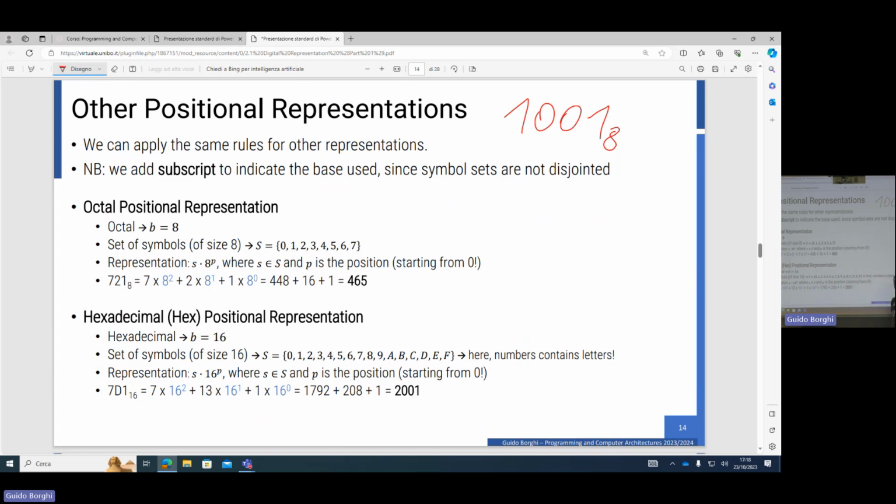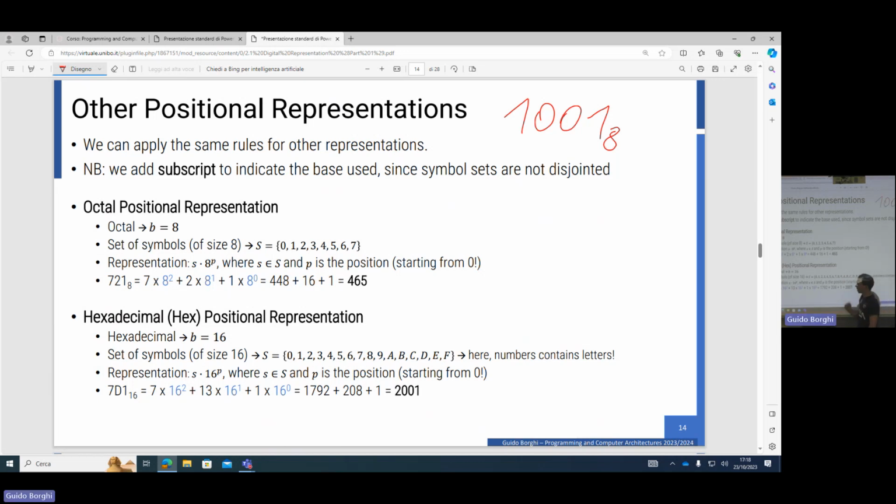We don't have any other Arab numbers, so one solution is to use alphabetical letters: A, B, C, D, E, F. So the set of the symbols used with the hexadecimal positional representation starts from 0 and goes until F. In this particular positional representation, the values are represented both with letters and numbers. Maybe it's a little weird, but it's just another representation.